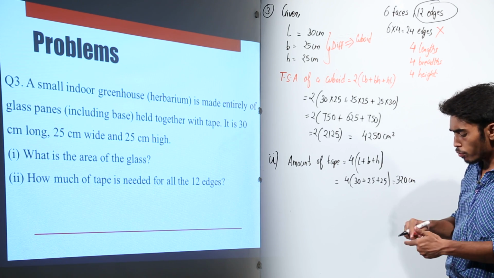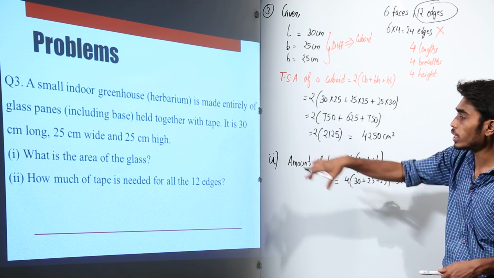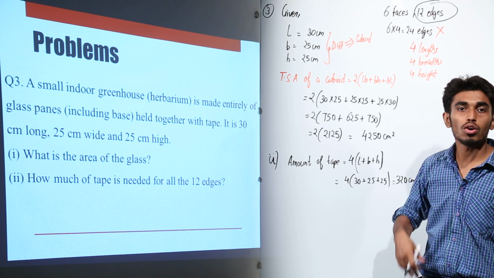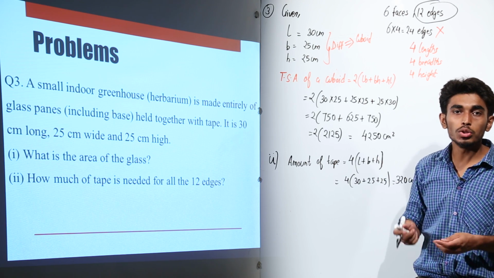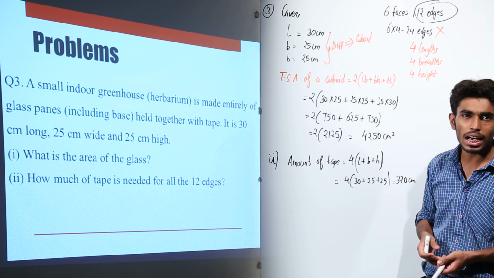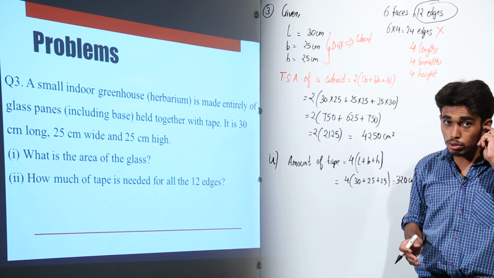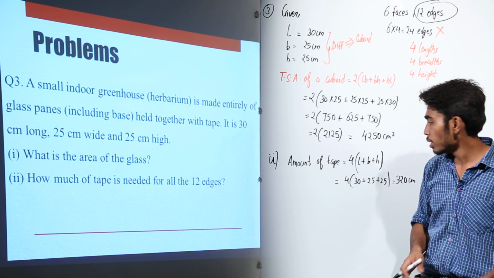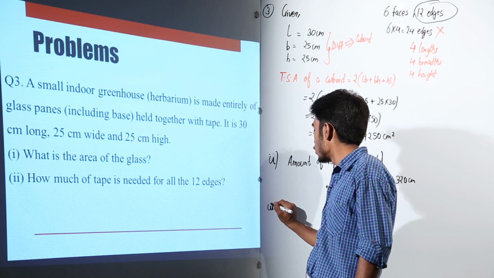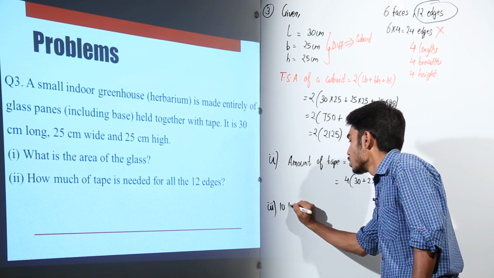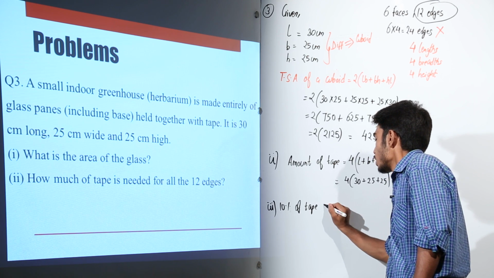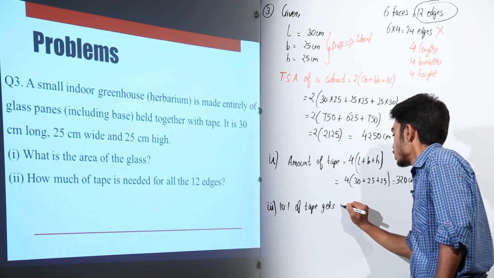Now we could have complicated this question by mentioning that while taping you take 5% as the error, or the tape that is used in overlapping. If we take, let's say, 10% as the tape that is getting overused or wasted or overlapped, what we could have done is, let me write it for you: 10% of tape gets wasted.